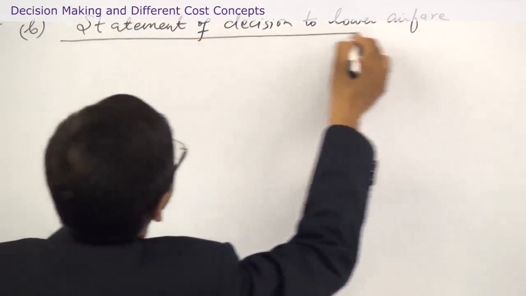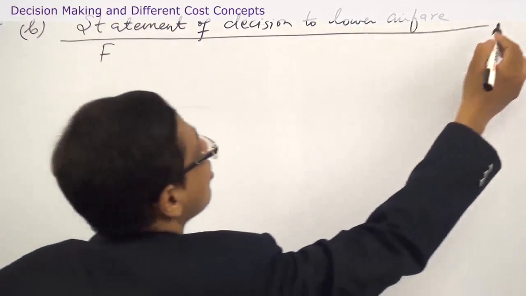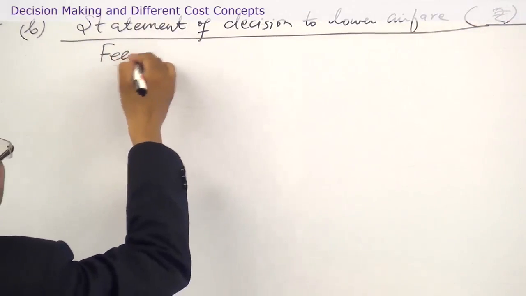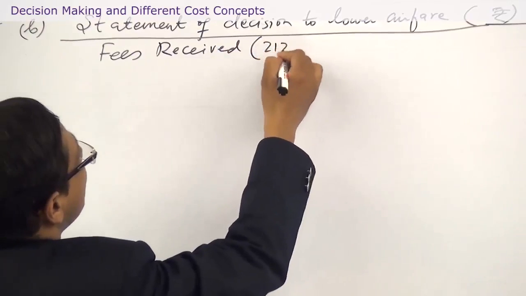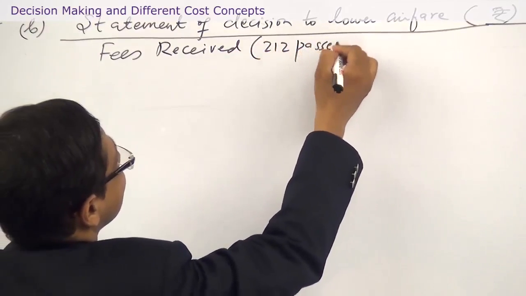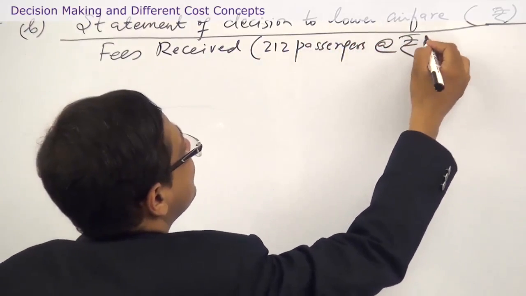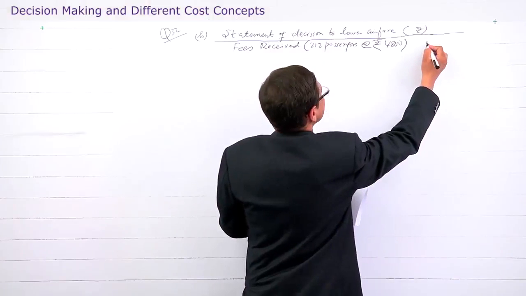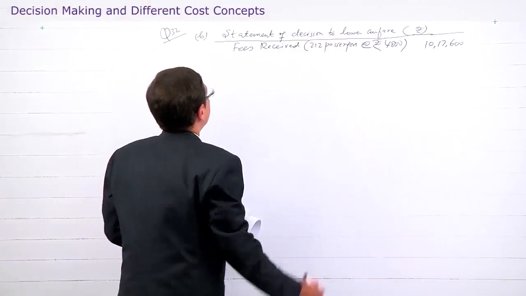So this decision has to be taken. So fees received, 212 passengers at the rate of rupee 4800. This is going to give us 10,17,600.